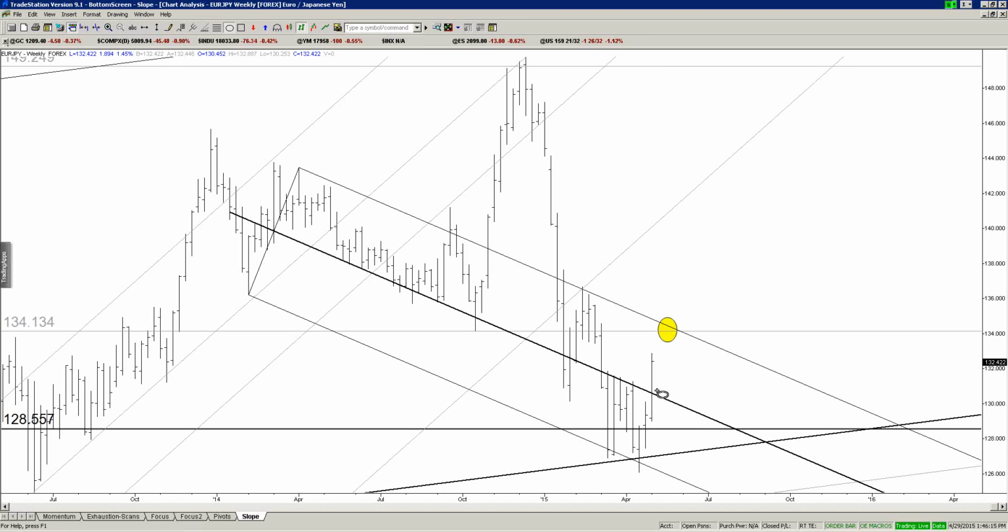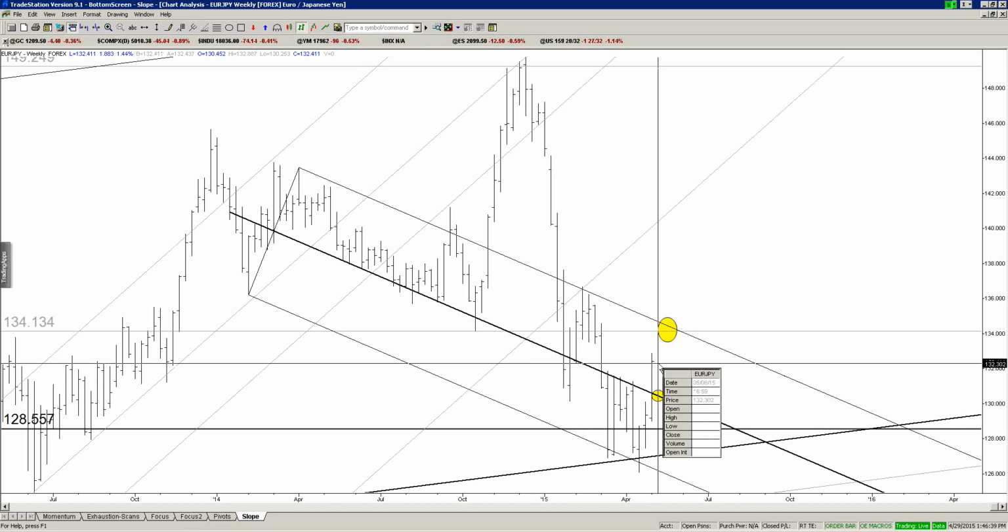You can see how looking at the weekly charts is so much better sometimes, especially when the markets are active, because you're not trying to figure out if this thing's going to pull off and go to this little small level. You're looking for the big levels, right? These are the big levels you can really trade on. And at this point, you're going to look at this median line as a level that provides support.